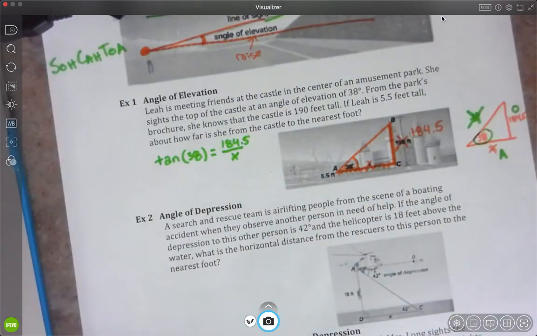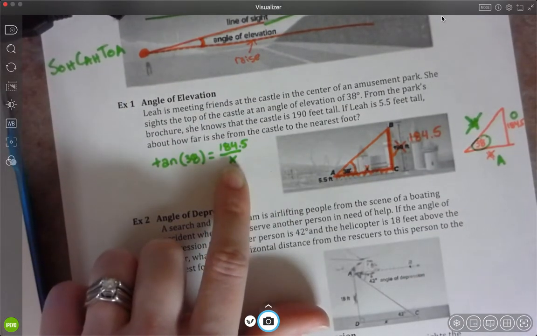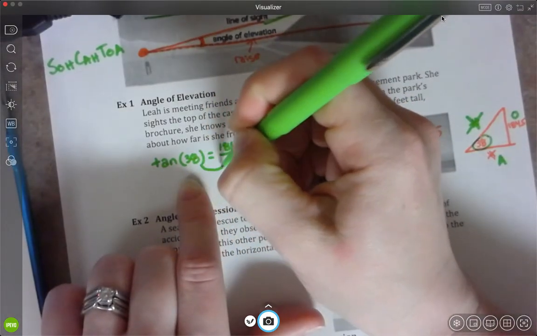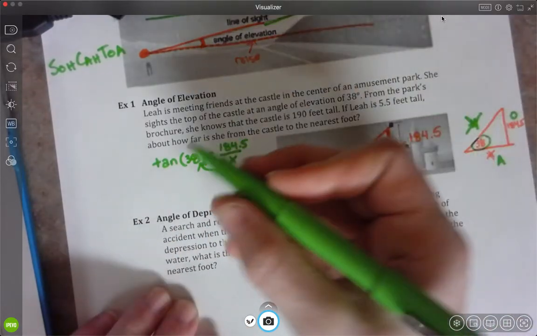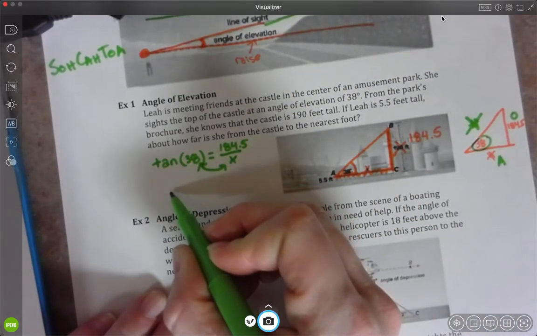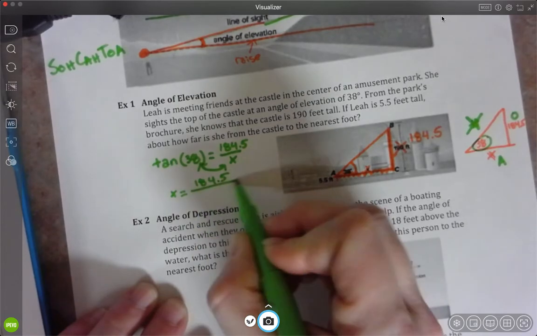Okay. Now, since x is on the bottom that we're solving for, what I need to do is just flip these two around. That's the rule that we learned in section 8.4. We flip those two around, so x will be 184.5 divided by tangent of 38.